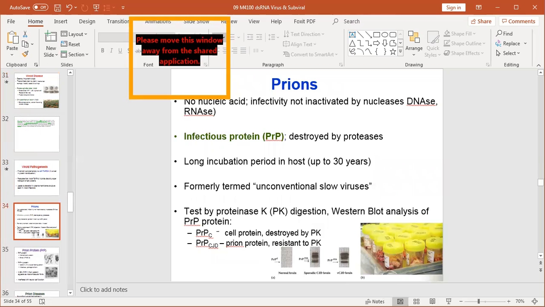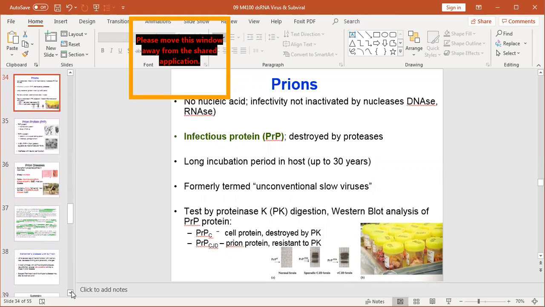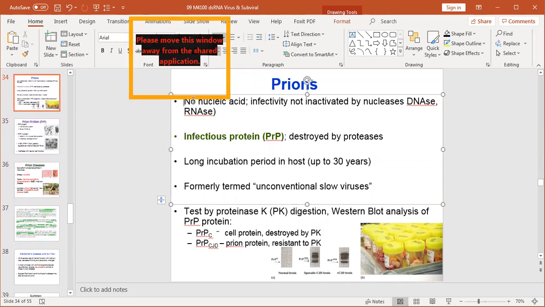The last group of subviral pathogens that we'll talk about are prions. They do not have any nucleic acid.